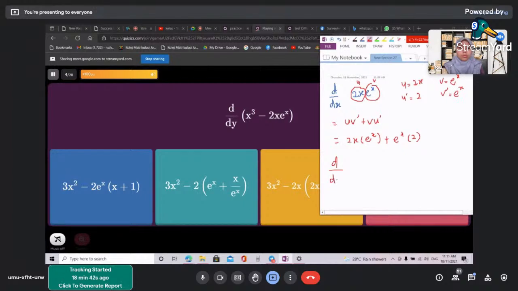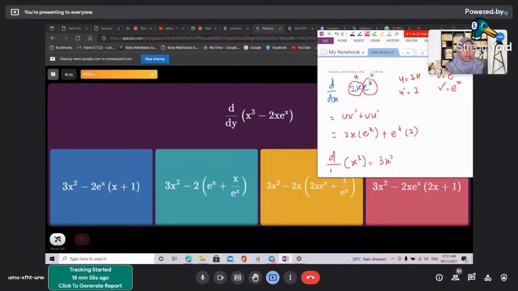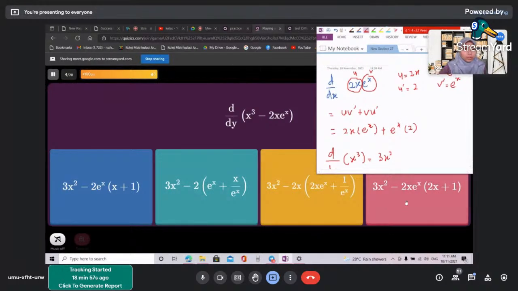For x power of 3, if you want to differentiate, you just use the basic rules. So we compare with the answers. Remember there is a negative in front, so it should be 3x square minus 2x e power of x minus 2 e power of x.